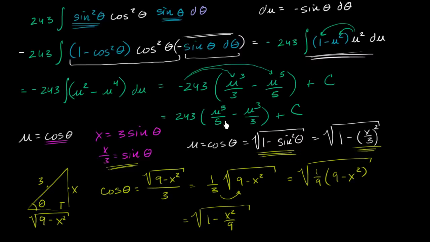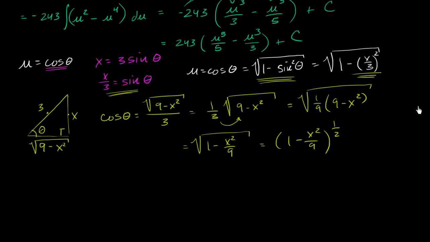But now we can just substitute into the original thing. So either of these, I can write it as either way. This thing right over here is the same thing as 1 minus x squared over 9 to the 1/2 power. That's what u is equal to. And everywhere we see u, we just substitute it with this thing. So our final answer in terms of x is going to be equal to 243 times u to the 5th, this to the 5th power over 5.